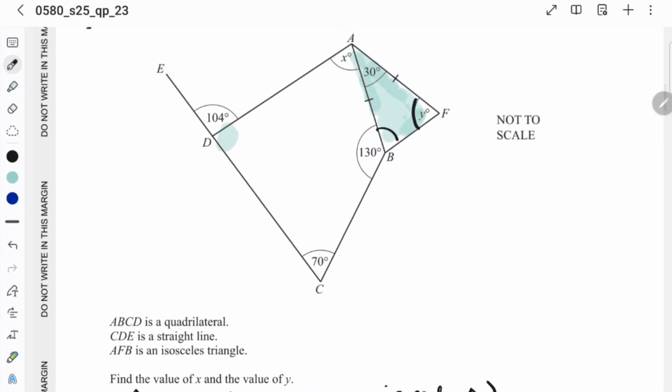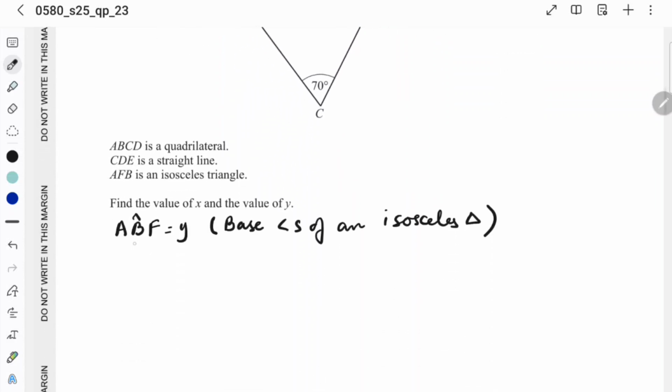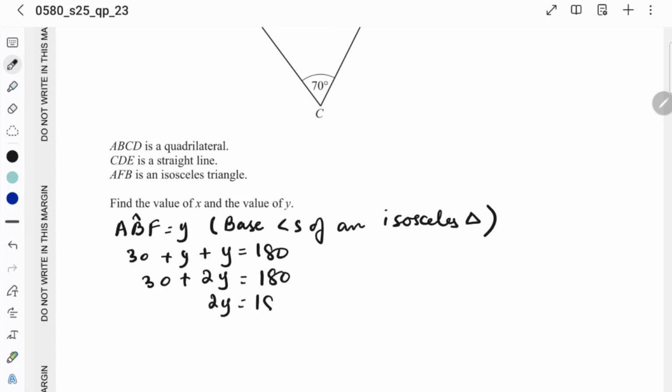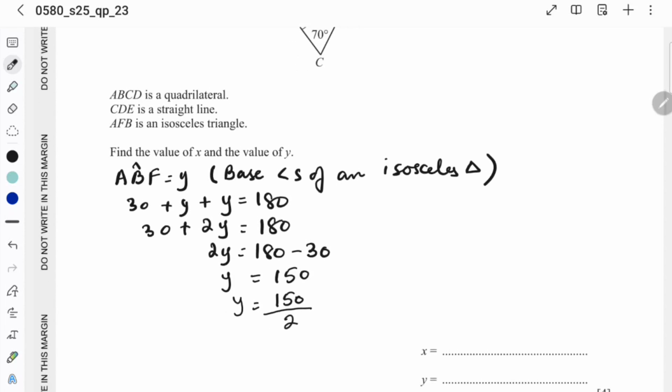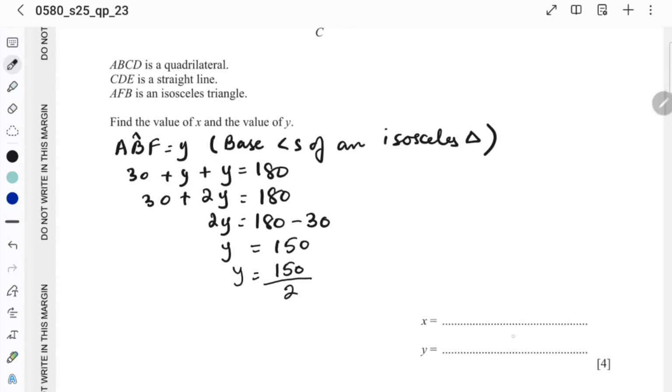Now 30 plus 2y is equal to 180 degrees, because the sum of the interior angles of any triangle is 180 degrees. So 2y is equal to 180 minus 30, which is 150 degrees, and half of 150 is 75. So y is equal to 75.